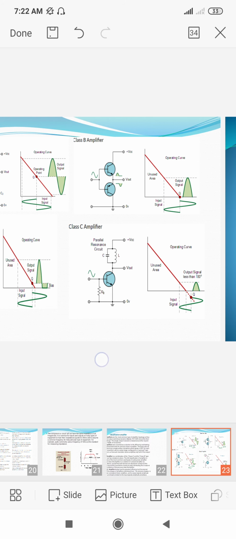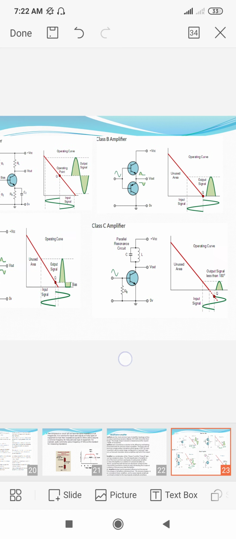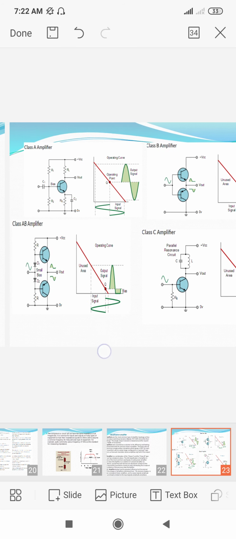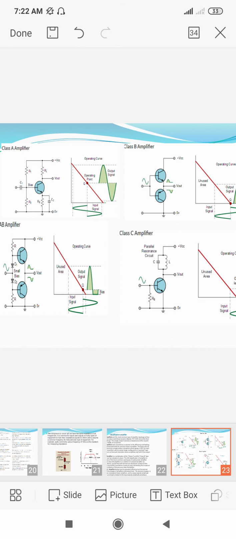The output signal conduction is less than 180 degrees. These are the comparisons of the classification of amplifiers and their DC load lines at the output terminals.